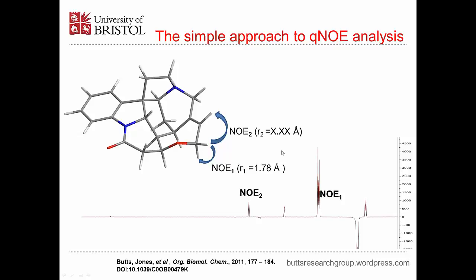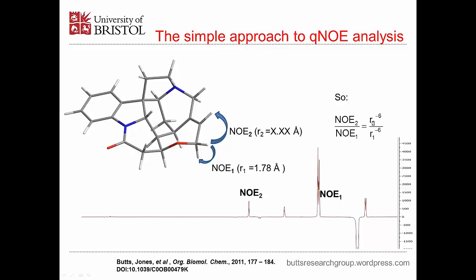That'll do for now. We measure the NOE spectrum and we see we irradiate one peak. We measure a nice strong NOE1 for that close contact, and we measure a second NOE for that second contact. And that means we've now measured the top line of our equation, the bottom line of our equation on the left-hand side, and we know R1, bottom of the right-hand side of the equation.